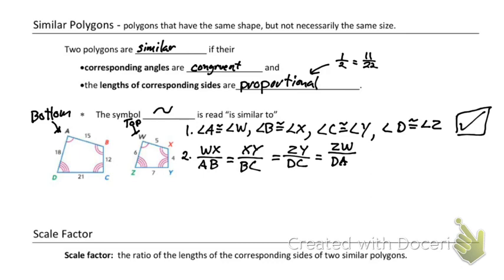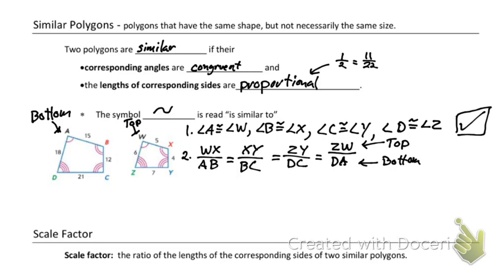All of these were from the top shape, and all of these were from the bottom shape. Do you have to draw them in the same order? Nope. But, Grant, no matter what order you have them, they all have to equal each other in order for this to be similar shapes. So this has to be true for them to be similar shapes.